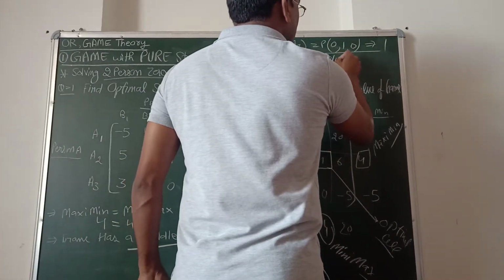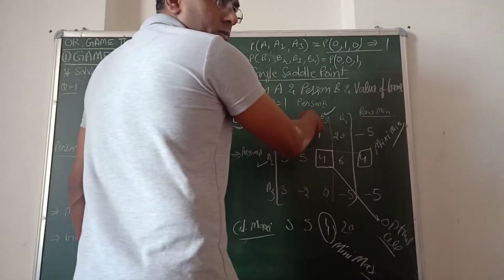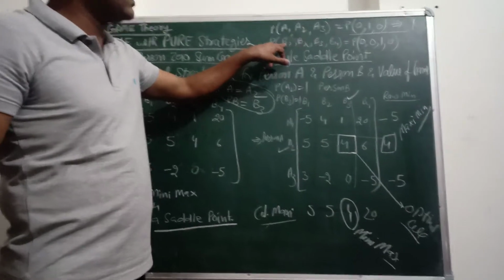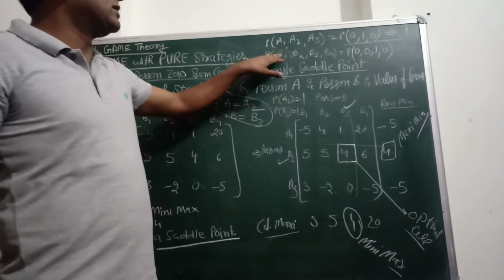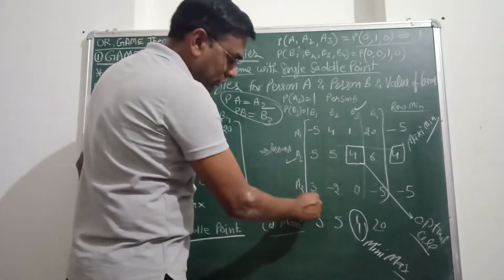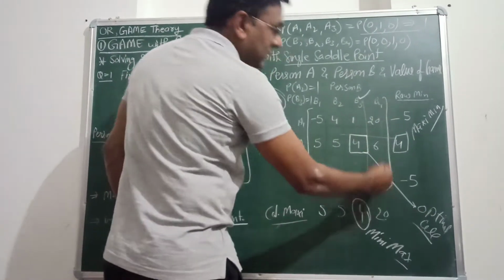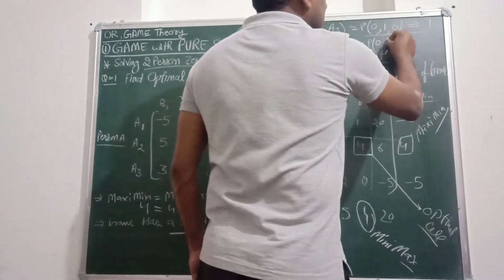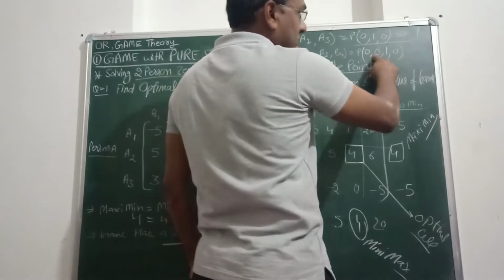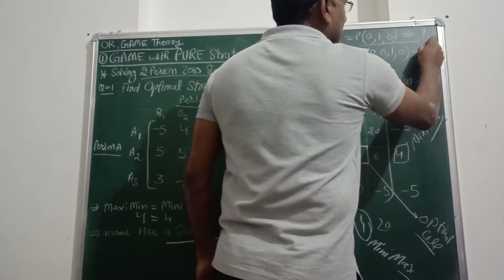For B1, no probability. For B2 also no probability. Now we can also find the probability of strategies to be utilized by B. As you will see, B1 is not utilized, B2 is also not utilized, only B3 is utilized, and B4 has not been utilized, only 0, 0, 1. So the probability of utilization of B1 is 0, B2 is 0, B3 is 1 and B4 is 0. And total probability is 1.